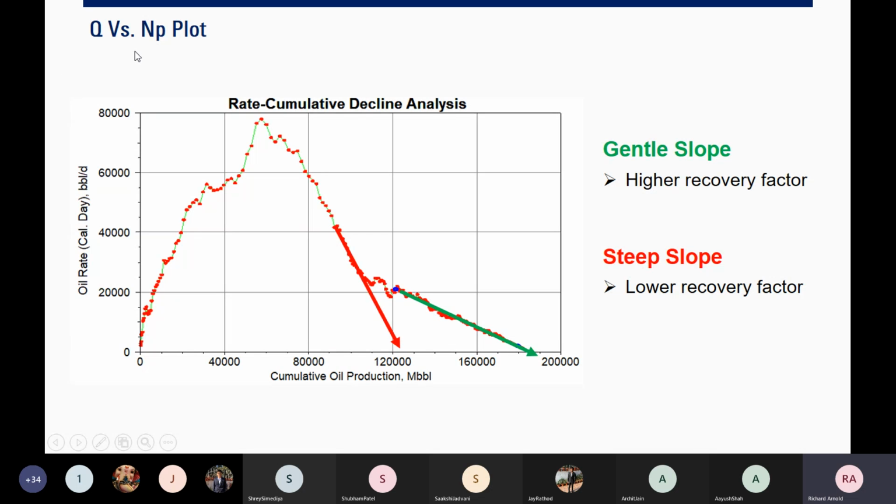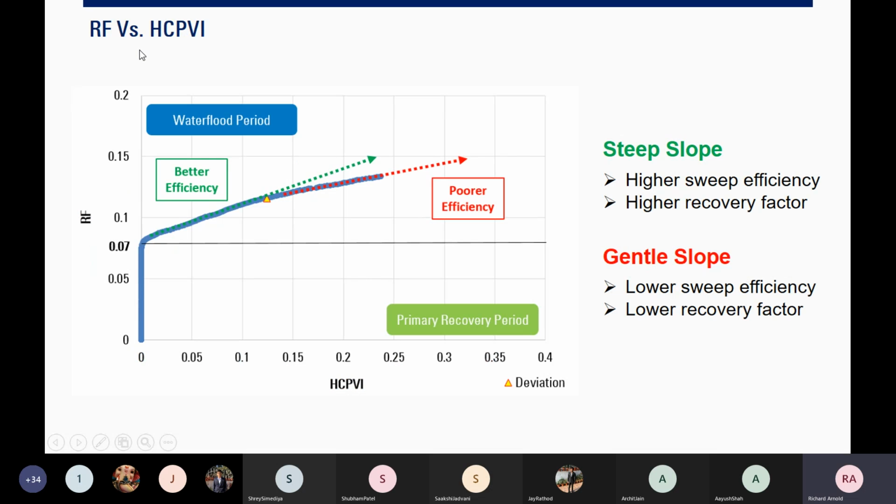One plot is very important, but it is actually very easy to construct. You can also construct recovery factor versus hydrocarbon pore volume injected. It's also quite easy, provided that you know your hydrocarbon pore volume and the cumulative water injection.